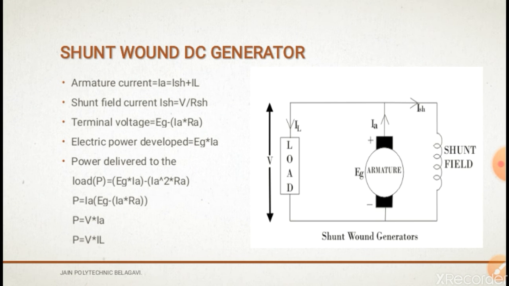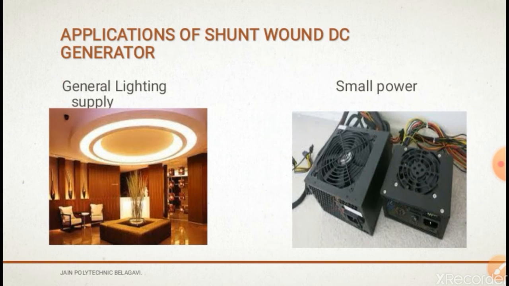As we know that Eg minus Ia into Ra is nothing but our terminal voltage. So substitute here it as V and the power which is delivered to the load is given as P equal to V into Ia. So the next one is the applications of shunt wound DC generator. It is used in case of general lighting supply and small power applications.